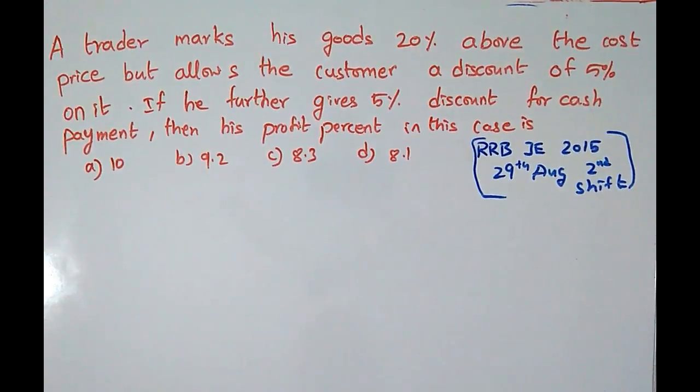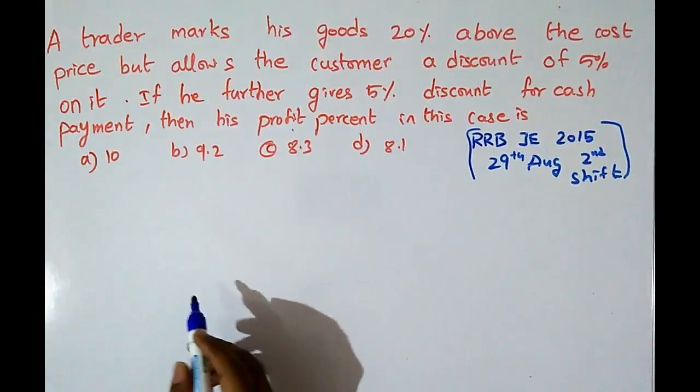A trader marks his goods 20% above the cost price, but allows the customer a discount of 5% on it. If he further gives 5% discount for cash payment, then his profit percent in this case is?